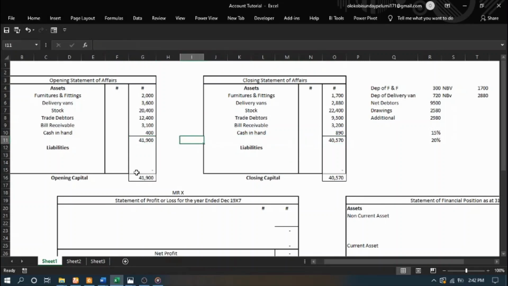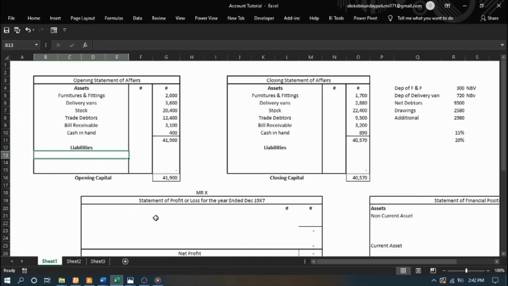So the total asset now is this amount. It has been automatically calculated. So this plus everything has been summed. So this is the total asset. Now let's move on to liabilities. So what are our liabilities? We have trade creditor, bill payable, and bank overdrafts.